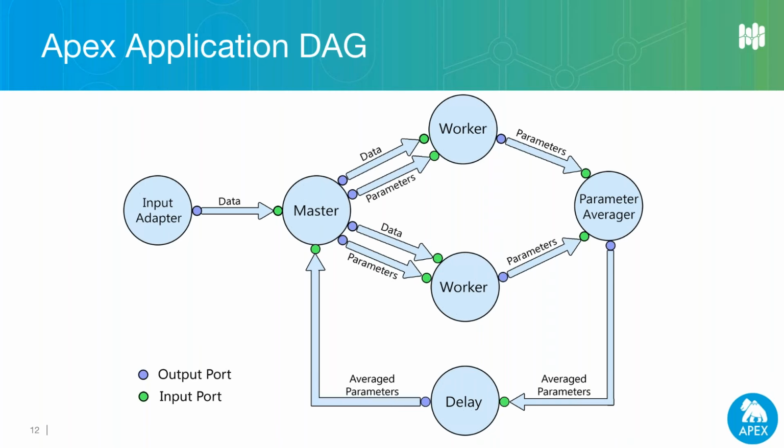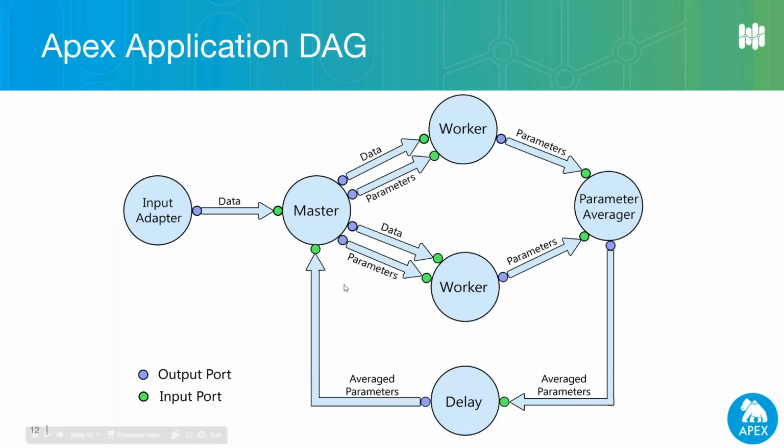So I think that's all we had. Let me go ahead and I'll pause again for questions after some time. This is how our application DAG looks. If you write any application on top of the Apex platform, it looks like this. This is the pictorial representation of an application, which we normally call a DAG.